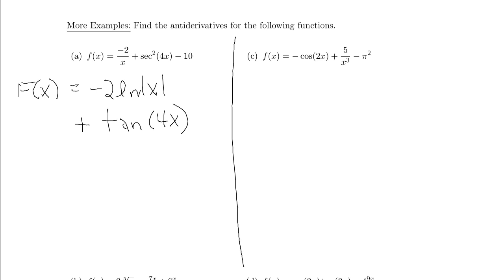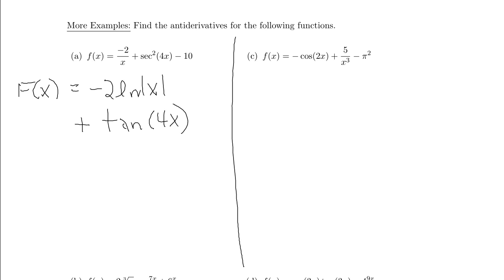But let's just stop and think whether or not we're right here. If I were to take the derivative of this capital F function, and I was taking the derivative specifically of the tan 4x part, what would happen? I'd have a chain rule, right? Because there's more than just x as the angle, there's 4x. So I would take the derivative of tan first, deal with the outside first, and that would be secant squared 4x, which is good.